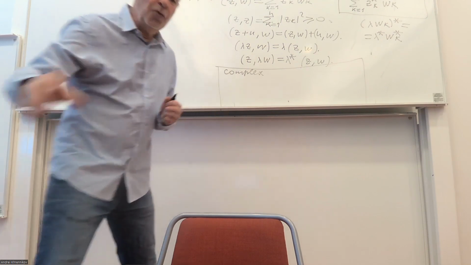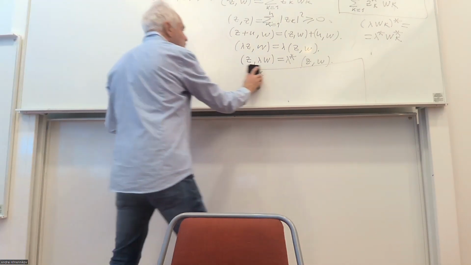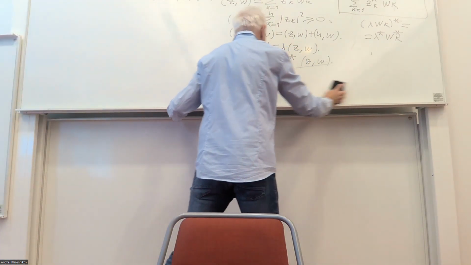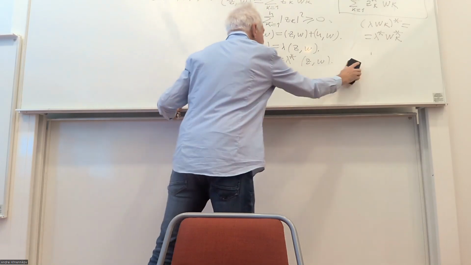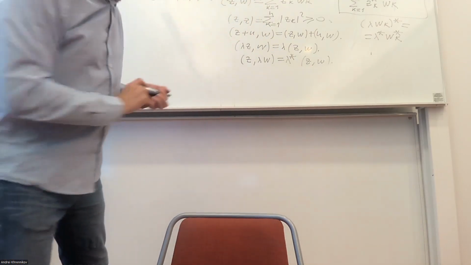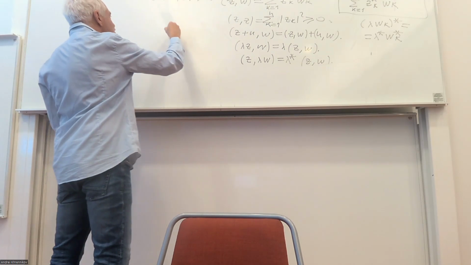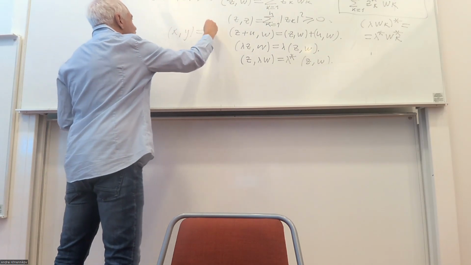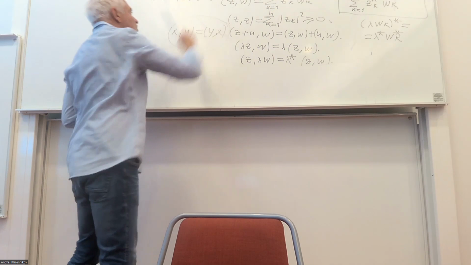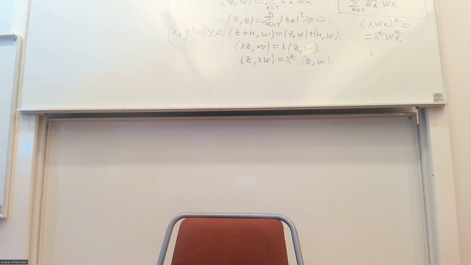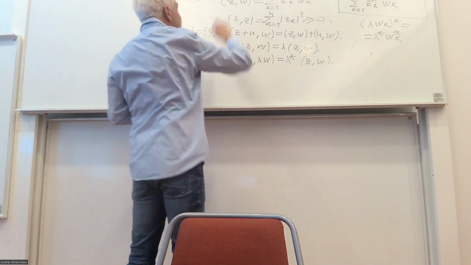There is one more property which is not the same as for real. For real, we had that (x, y) is equal to (y, x). The real scalar product was symmetric. But here, let us try to change the arguments.